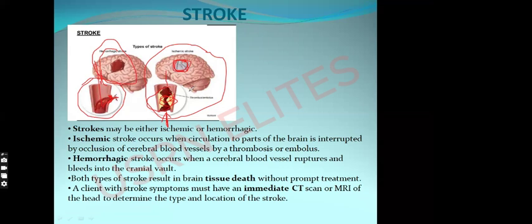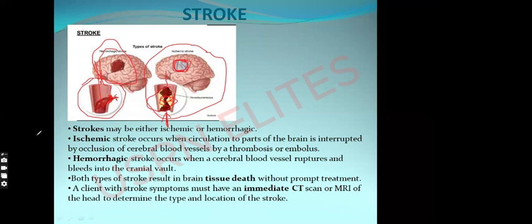And for that matter, an emergency CT scan or MRI will be requested. That will help us know the location and the type of stroke that is happening, because every type of stroke has its own specific treatments that go with it. You can't treat ischemic stroke as you are treating hemorrhagic stroke and vice versa.